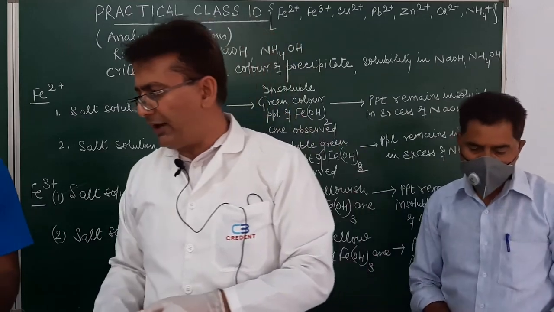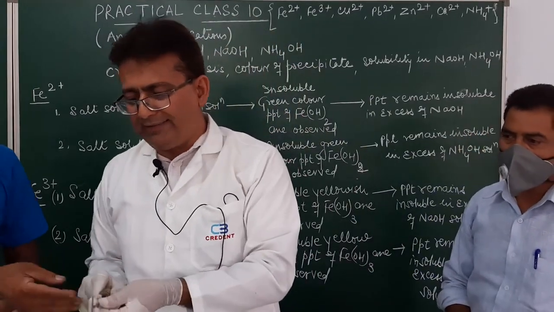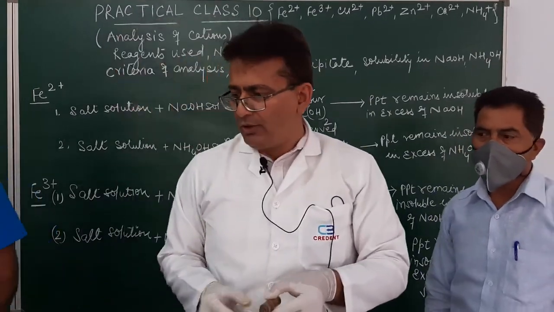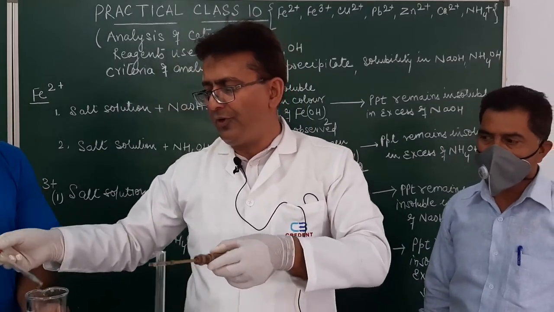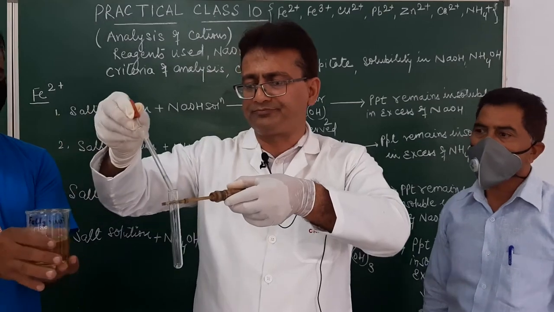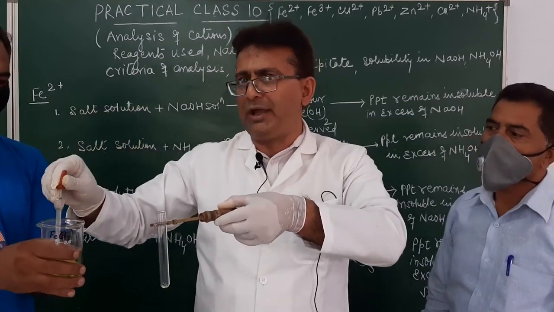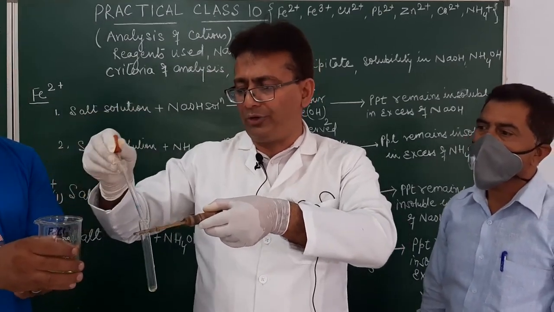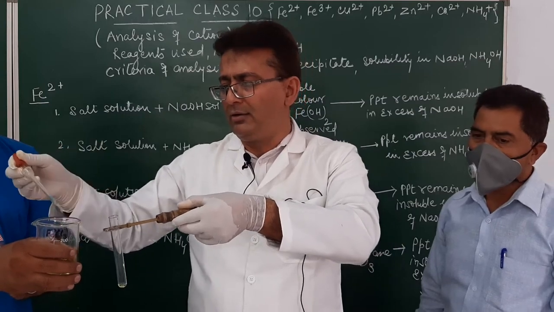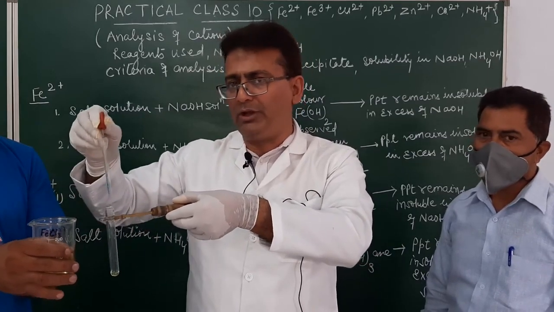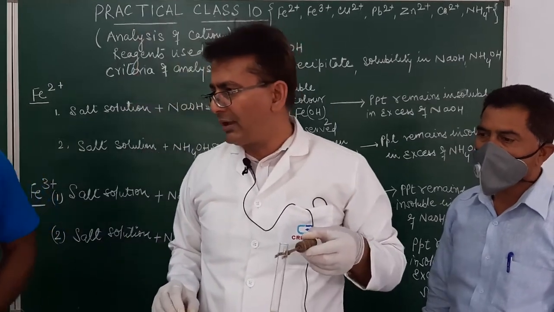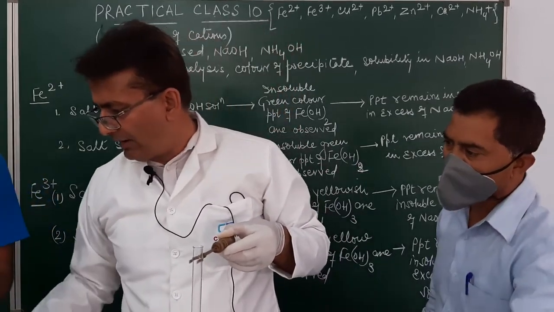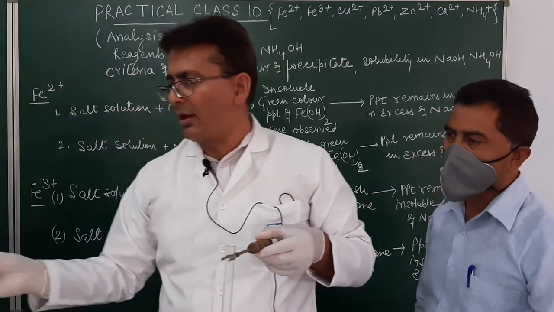Then we will take another test tube. In this test tube, we will again take ferric chloride solution. So here again a ferric chloride solution is being taken. Now to this ferric chloride solution we will add ammonium hydroxide solution.